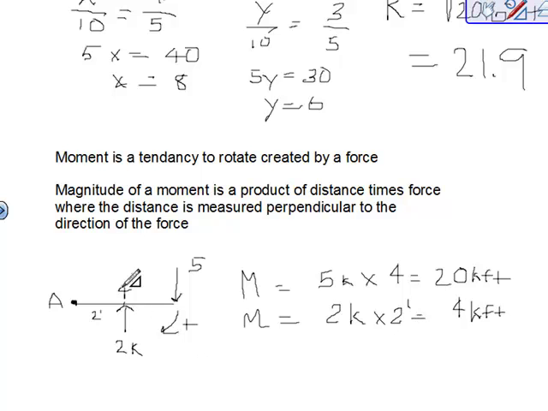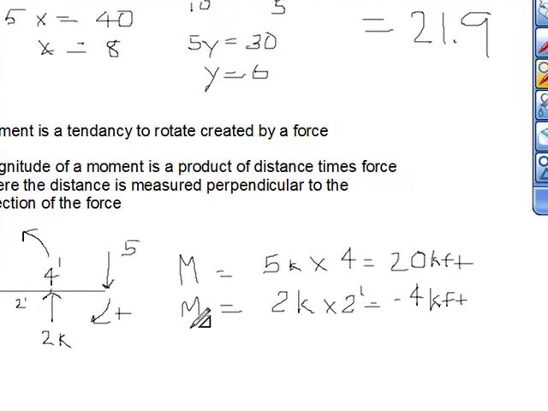That one, this moment here, is going to go counterclockwise, so that one's negative. So you want to figure out the total moment. You just add or subtract those, and it's going to be 16 kip feet.